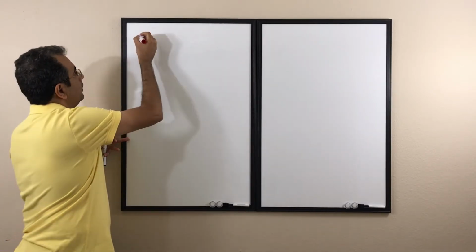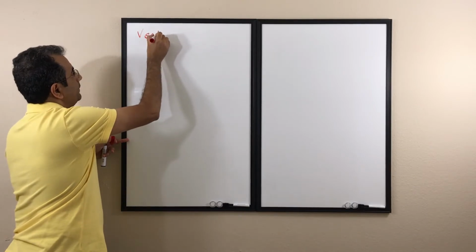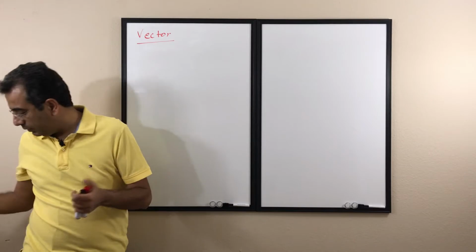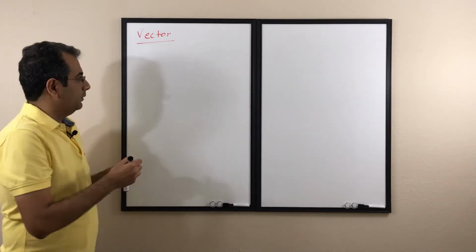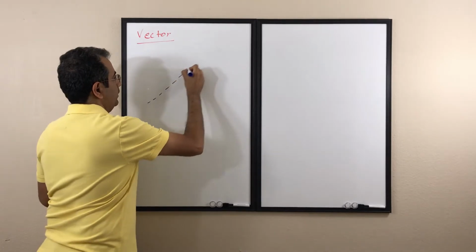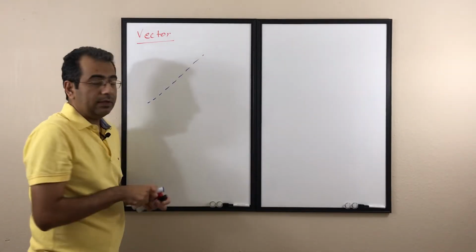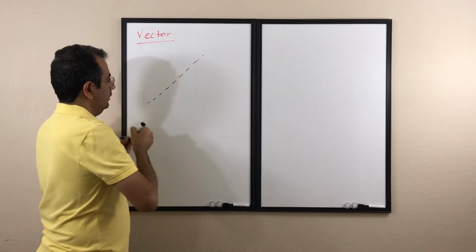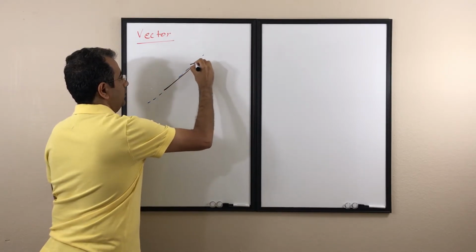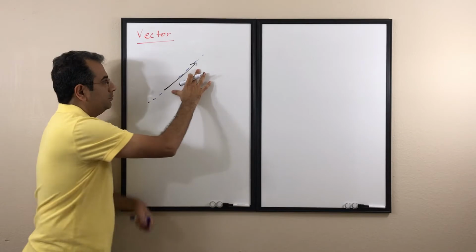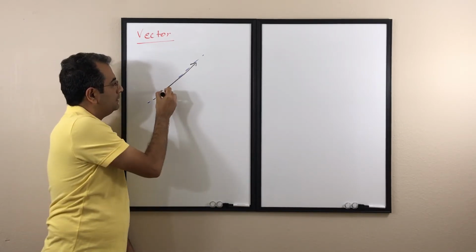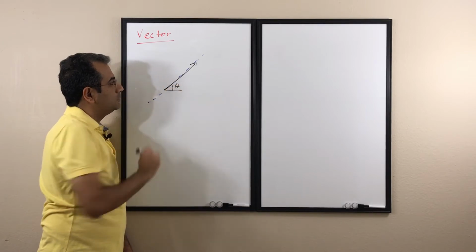So if we want to say it in simple words for any vector, for example, that vector has two main properties. One of them is its magnitude, which is shown by its size, and the other one is its direction, which is shown by this angle.